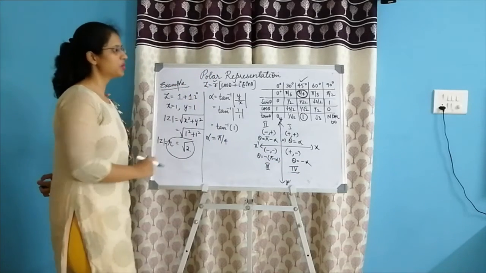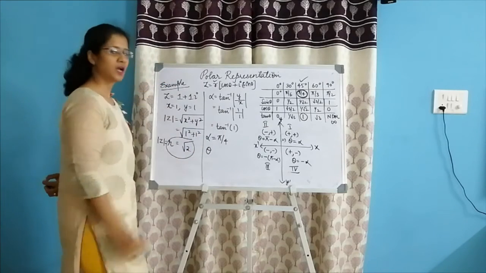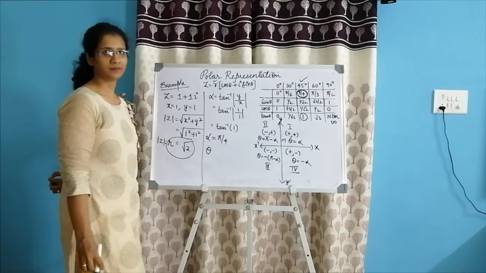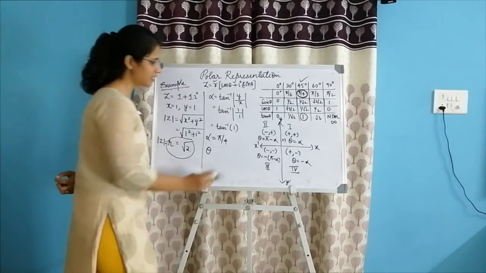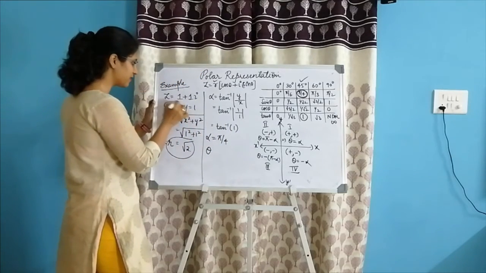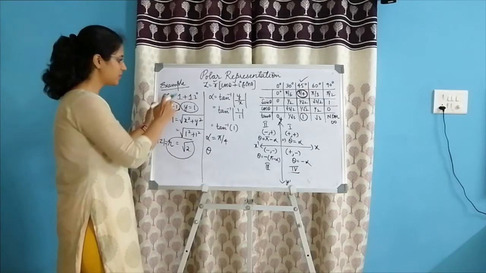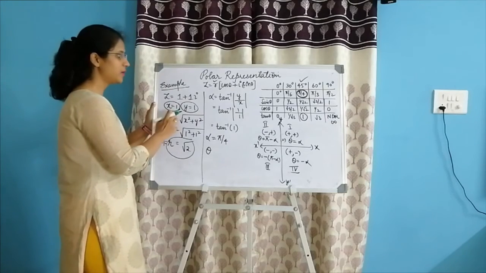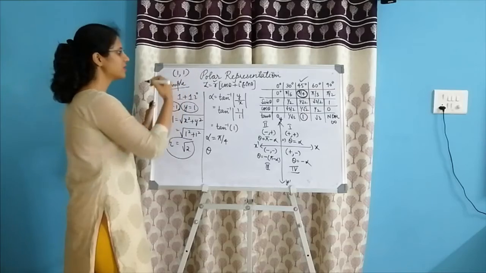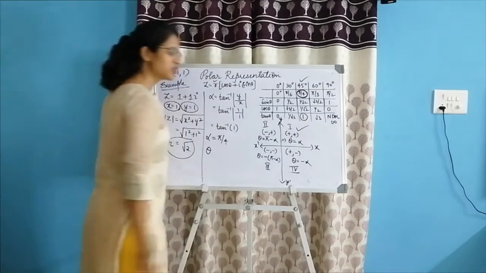Okay. Now, how do I proceed with my problem? I have to find out theta. See my values of x and y here. Again the values of x and y will come into the picture. So for this problem, x is equal to 1, y also is equal to 1. When both are positive, which quadrant does it fall in?